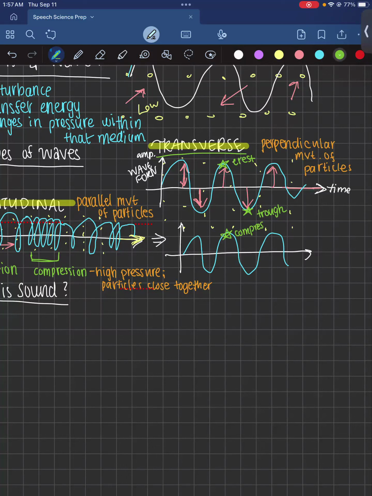So this is when pressure is higher. So that's compression, and then the lowest portions will be called rarefaction, which is the area of low pressure.